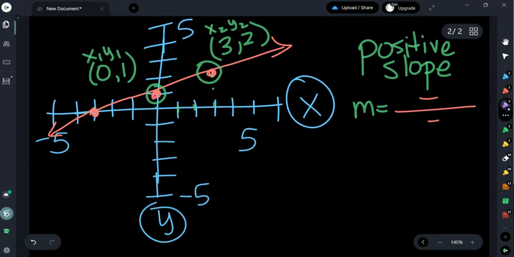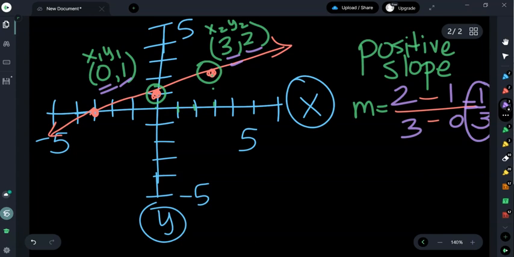So y2 minus y1 and x2 minus x1. And that gives me 2 minus 1 is 1, and 3 minus 0 is 3. So the slope of my line is 1/3.